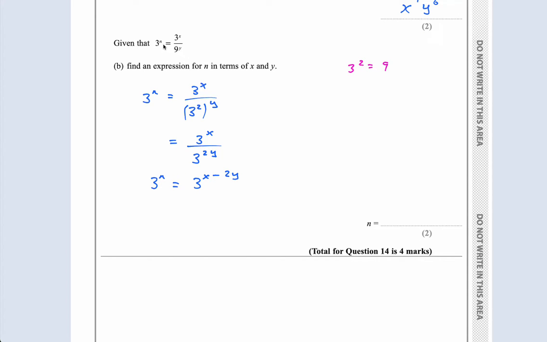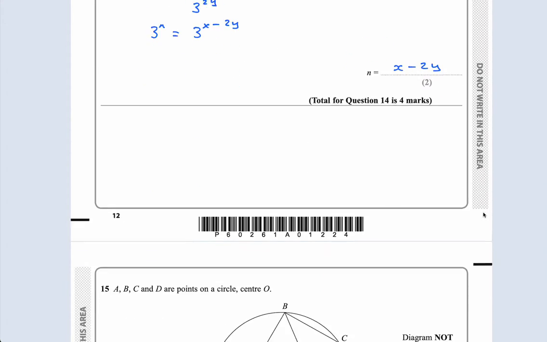So n is x minus 2y, because if 3 to the power of this equals 3 to the power of that, then this must equal that. So it's x minus 2y. Okay, next one.